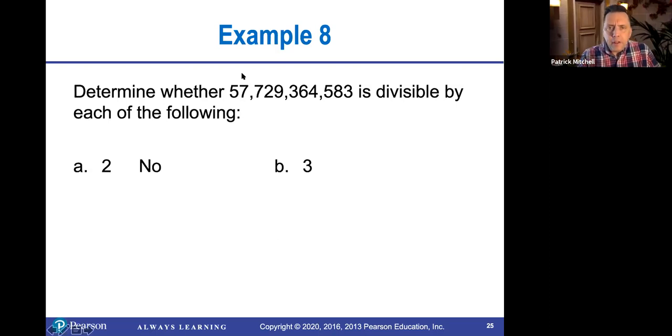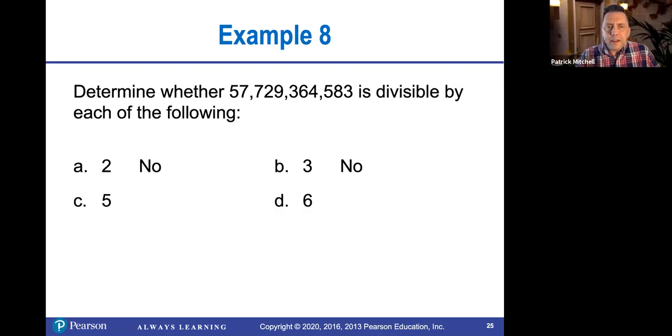If we add all these digits together, 5 plus 7 is 12, plus 7 is 19, plus 2 is 21, plus 9 is 30, 33, 39, 43, 48, 56, 59. And 59 is not divisible by 3. So this original number is not divisible by 3.